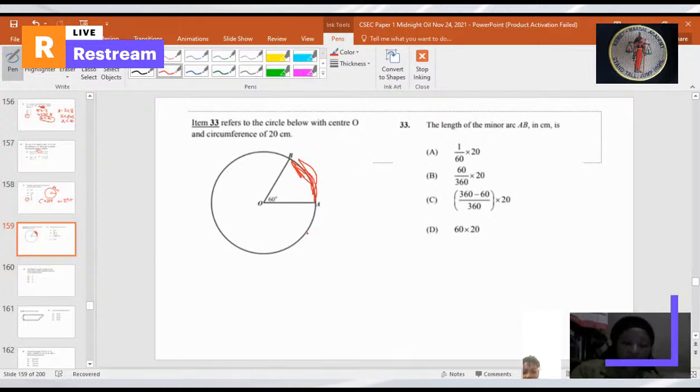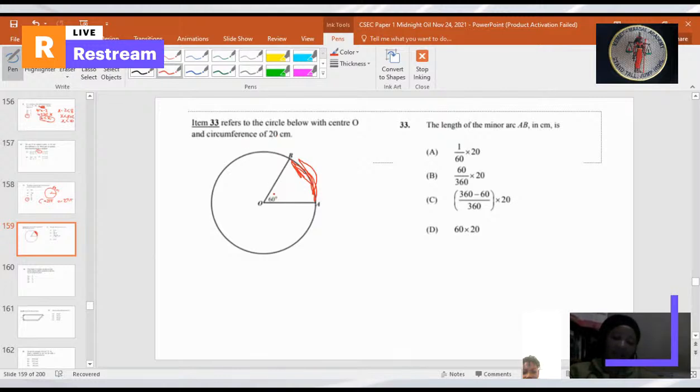So the arc represents a fraction of the circumference, right? And that fraction would be the angle over the full 360. So in other words, the arc is equal to this angle over 360 times the circumference.